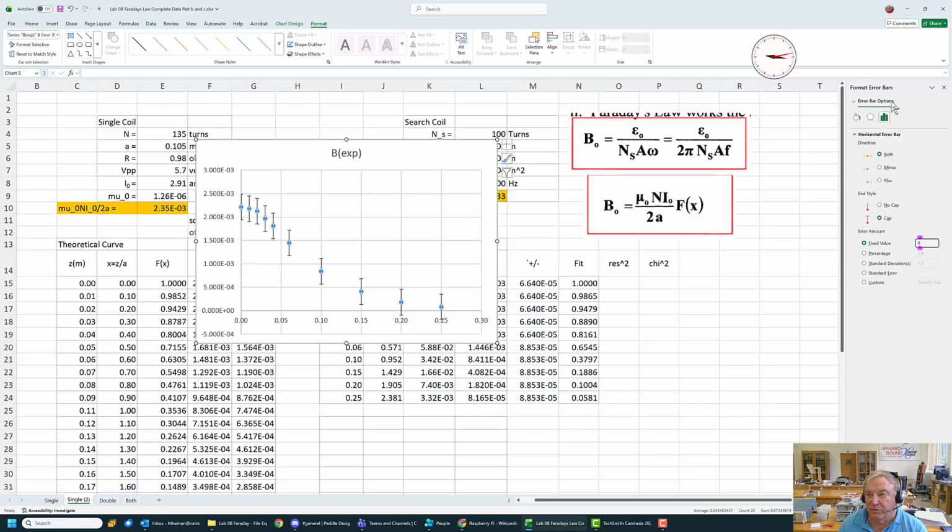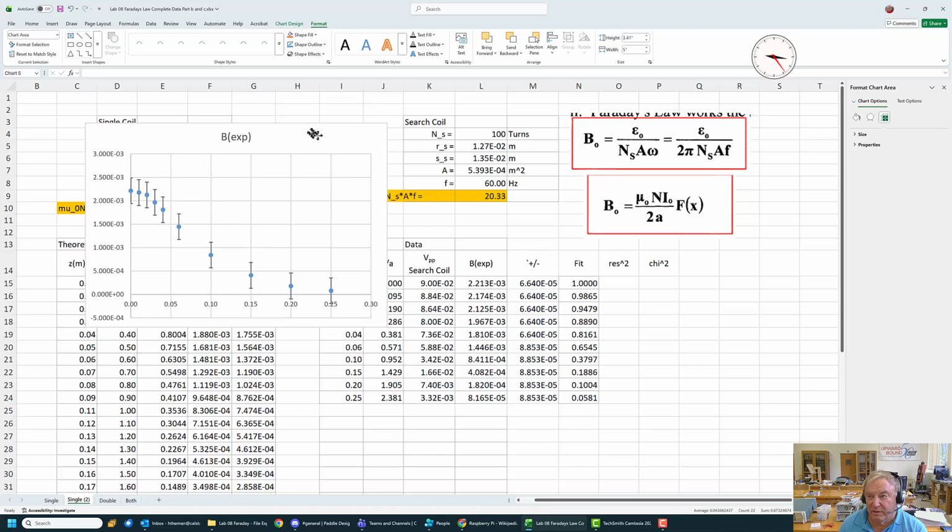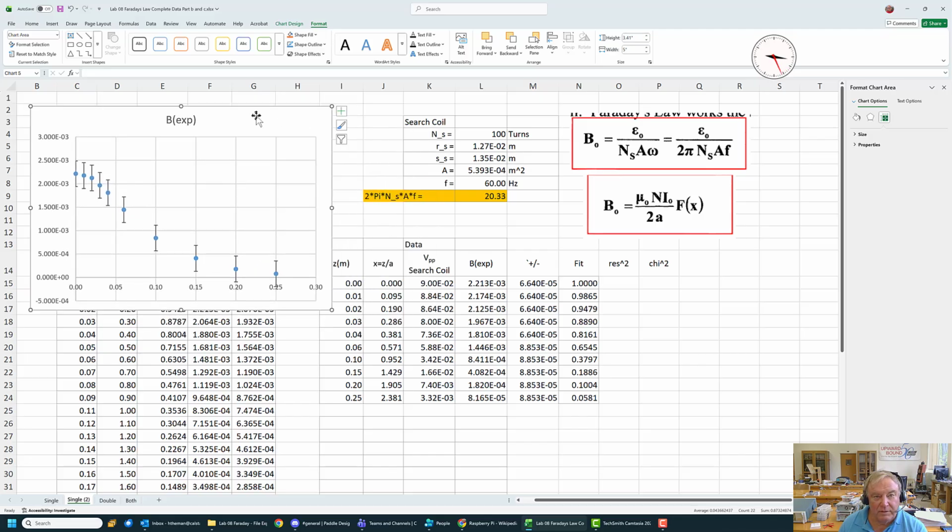Next is the Y error bars, and hopefully I can move that. Yep. But we lost where we were. Okay. I needed to make sure that the appropriate numbers were visible.